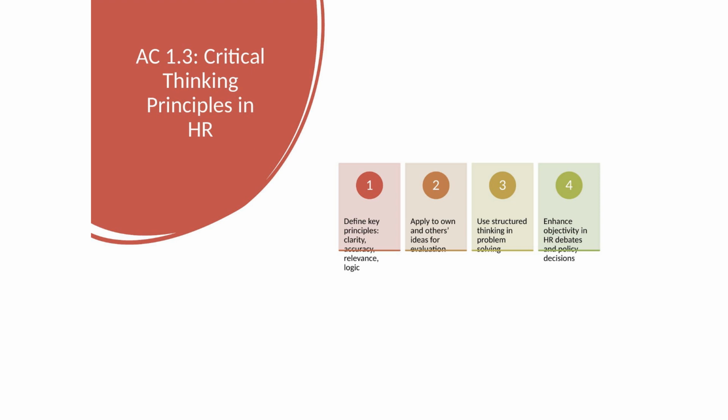Emphasize how critical thinking improves strategic alignment and reduces bias in decision-making. Apply the principles to assess your ideas and challenge assumptions in others' proposals. Incorporating these principles leads to more transparent and effective people practices. Mention tools like the RED model, recognize assumptions, evaluate arguments, draw conclusions, as useful frameworks.